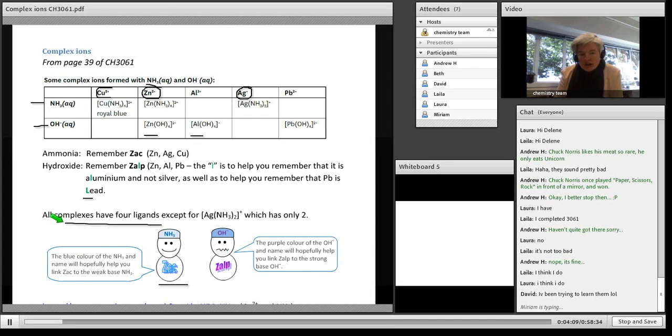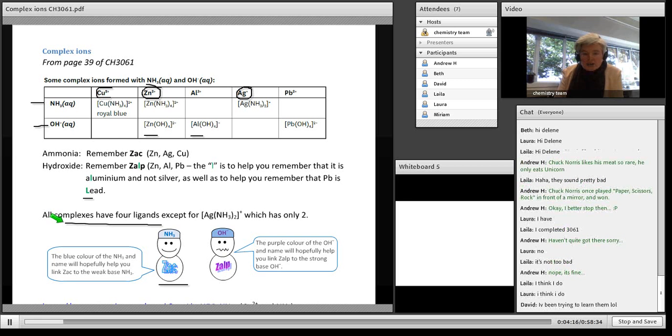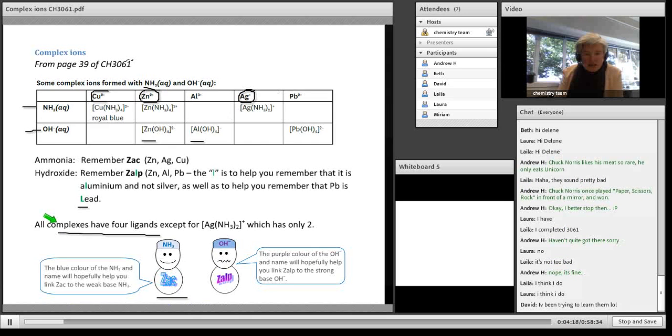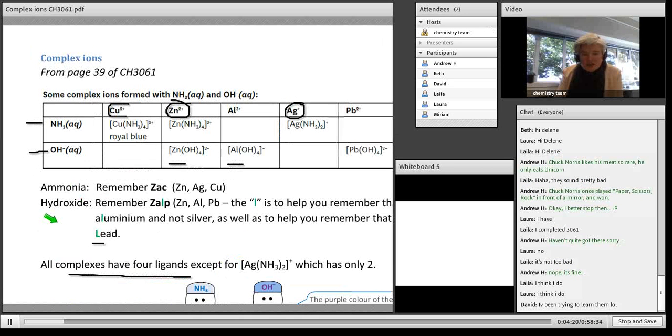The only exception is the silver ammonia complex, and that's the only one that's got 2 ligands. So it's got 2 ammonia molecules around the silver ion, whereas can you see all of the others have got 4. So that is hopefully going to help you remember.